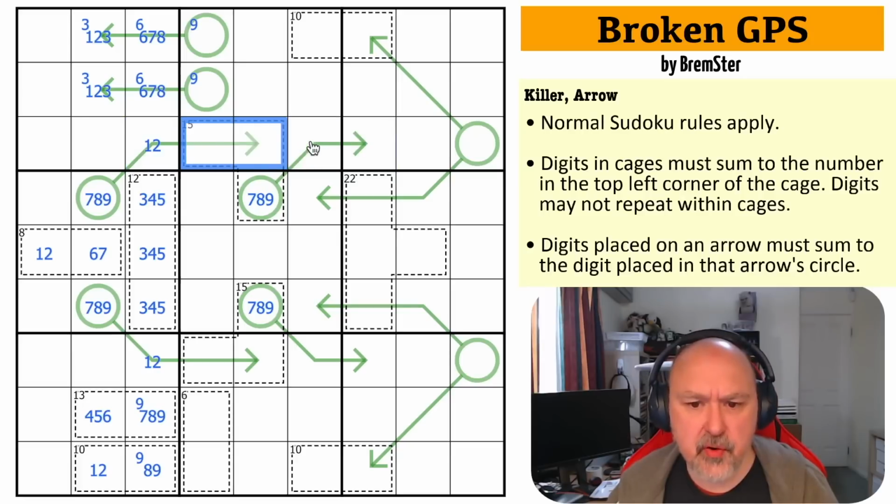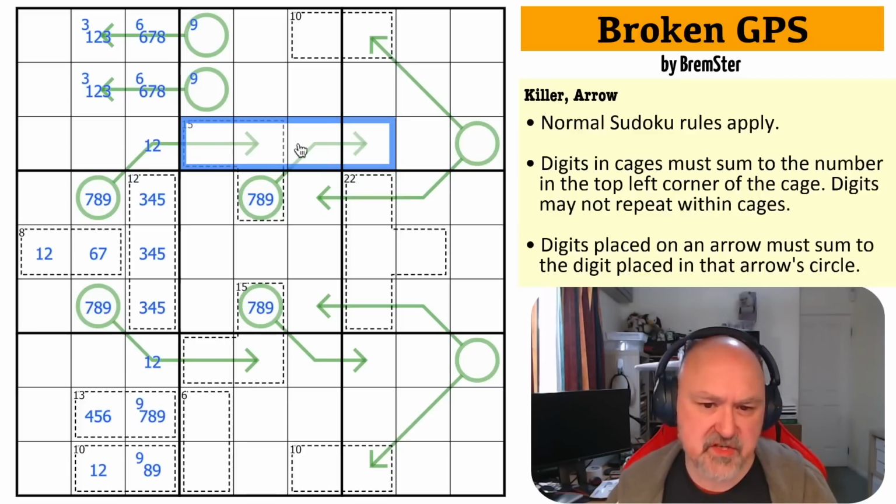We know that those sum to 15 because this is the same as that, and those. If I was to colour those 3 digits as the 15 cage, that has the same sum as those. So I can uncolour that and recolour those, and I've maintained the same total. So these sum to 15, and it's 15 in 4 digits. There's a lot of different ways of doing that, but there must be a 1 or a 2 in here.